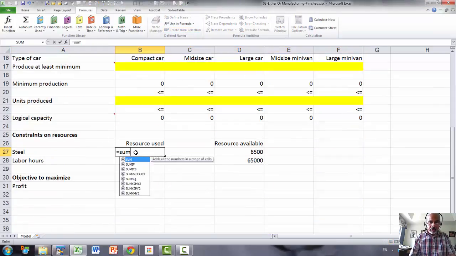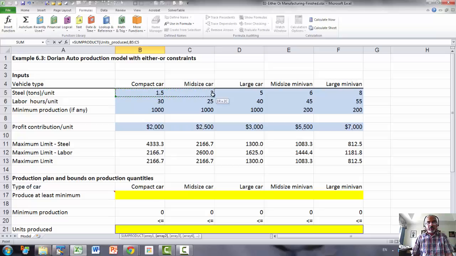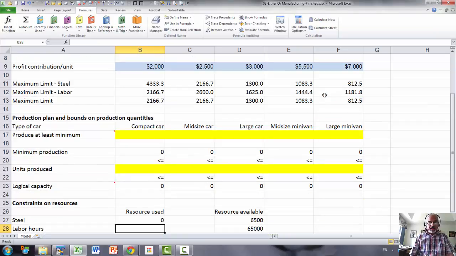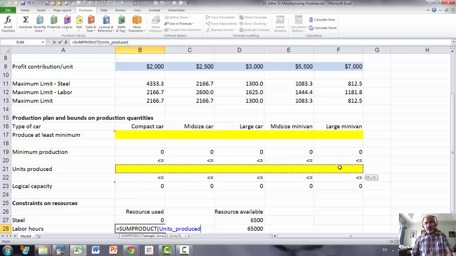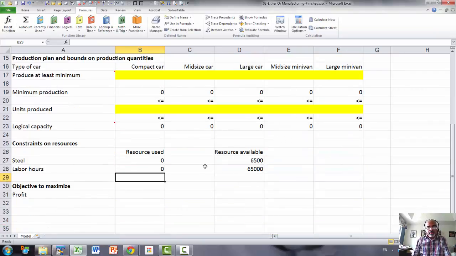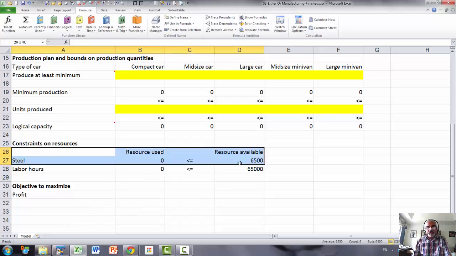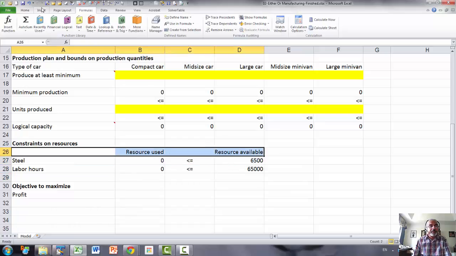So you get sum product of units produced with tons needed. That will give you the steel used. Sum product, units produced, and labor will give you labor hours used, and that should be less than or equal to what is available. So those are two constraints.